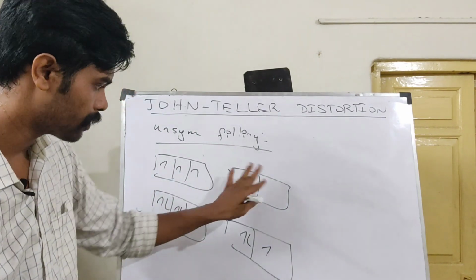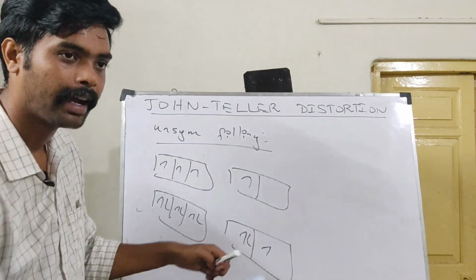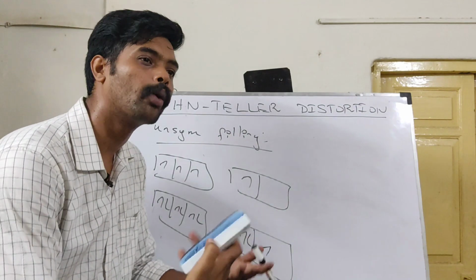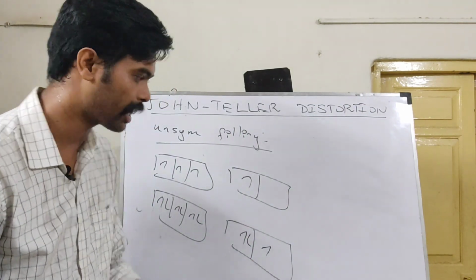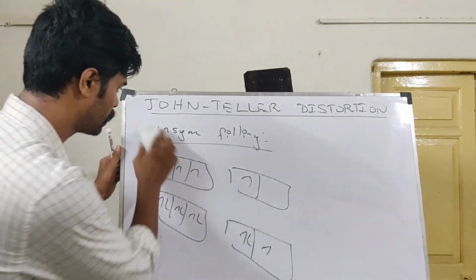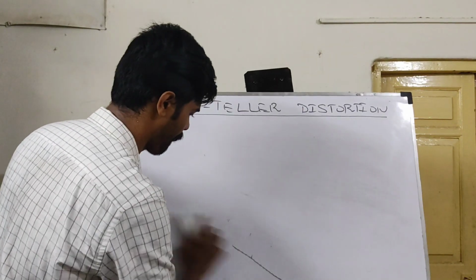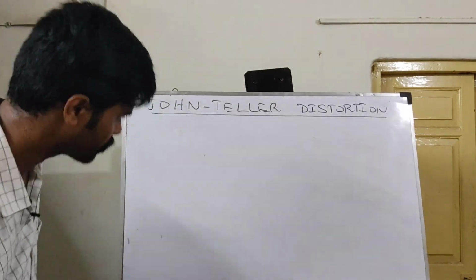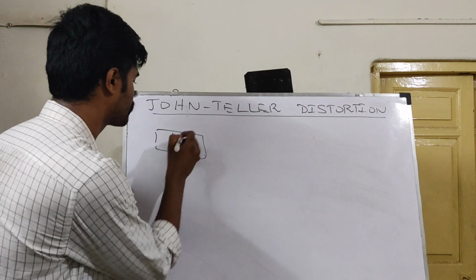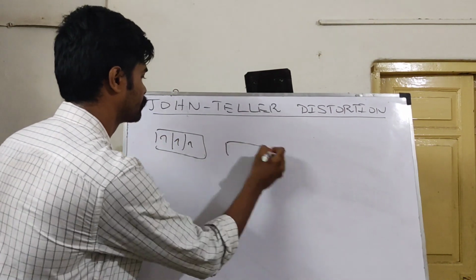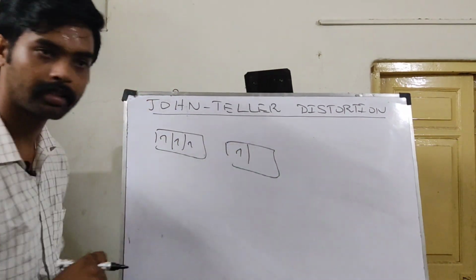So now we'll take these two cases specifically, and I'll try to chalk out how exactly the bond lengths are changing. Actually, if you look at one of them, it will be sufficient. So let me take the first case, that is, I have an unsymmetrical filling like this, right?